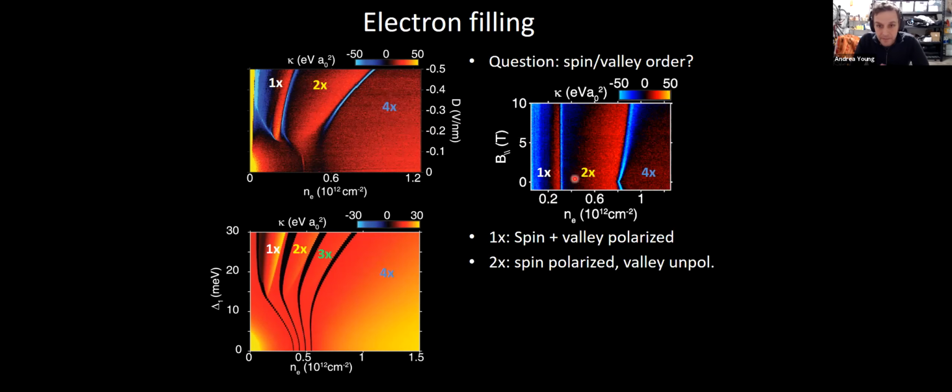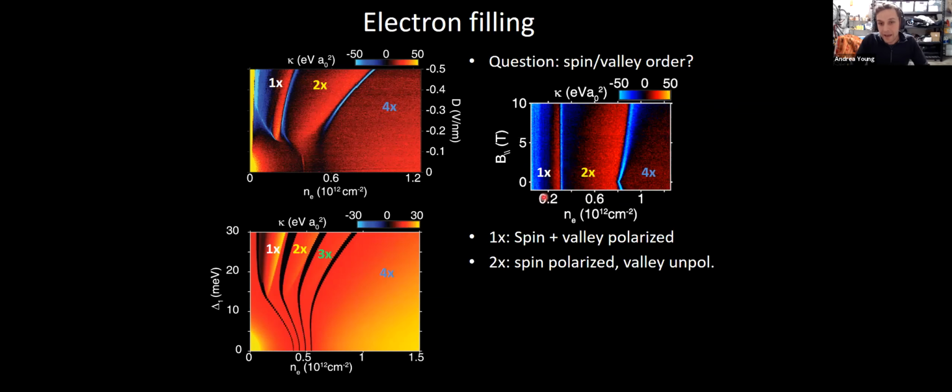It turns out from tilted field measurements, you can understand something about the nature of this spin and valley order, where you see that as a function of in-plane field, this boundary between the fourfold and twofold degenerate state is strongly dependent on in-plane magnetic field and cusped, which tells you that there's a difference in spin polarization between the twofold state and the fourfold state, but there's no such feature between the onefold and twofold state.